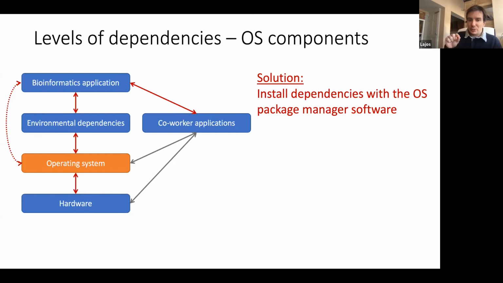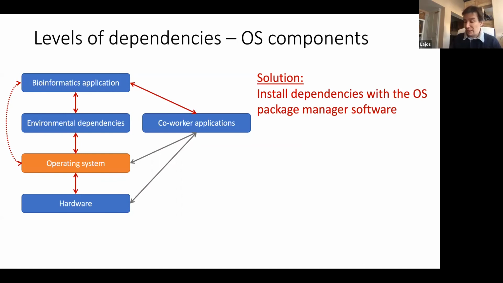There is a 2.1 layer on the operating system. So there are cases when your dependencies are not other bioinformatics software, but some core operating system components. That's the easiest case, because if you are relying on something which is already included in the Ubuntu distribution, then you just have to install them with the Ubuntu package manager, which is very easy to use.